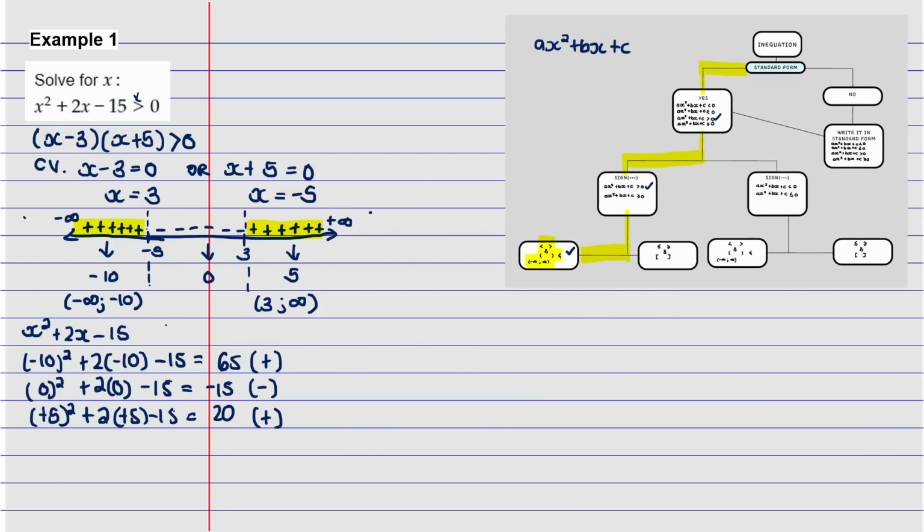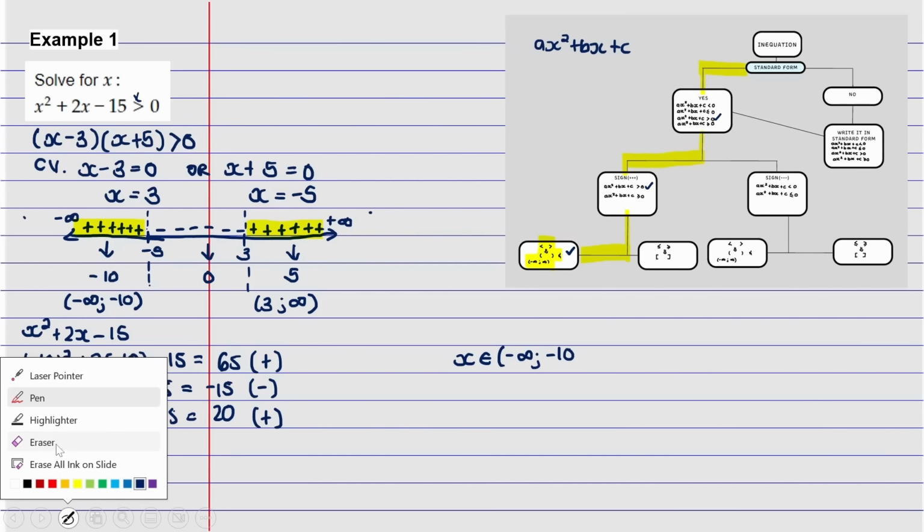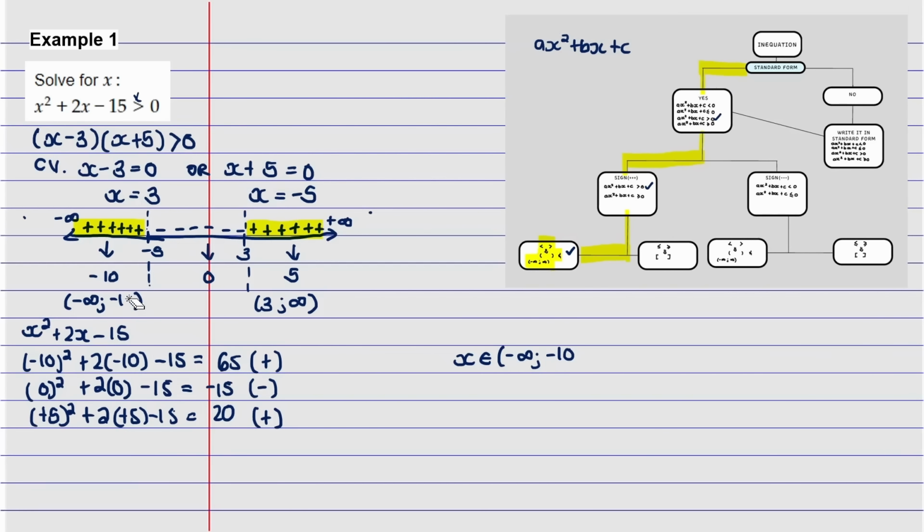So now to write our final answer, you're going to take these 2 that you just wrote there. So you're going to say x is an element, then substitute this one that starts from negative infinity, right? And you're going to say negative 10, not negative 10, negative 5. Why did I say 10? Because the critical value is 5, not 10. So you're going to say negative 5.